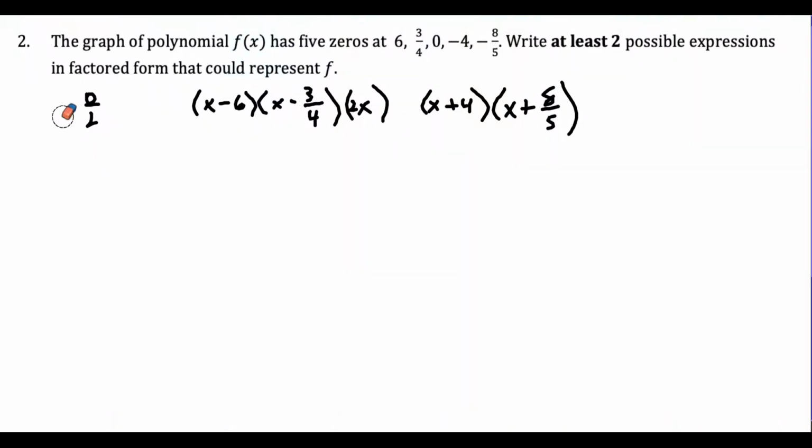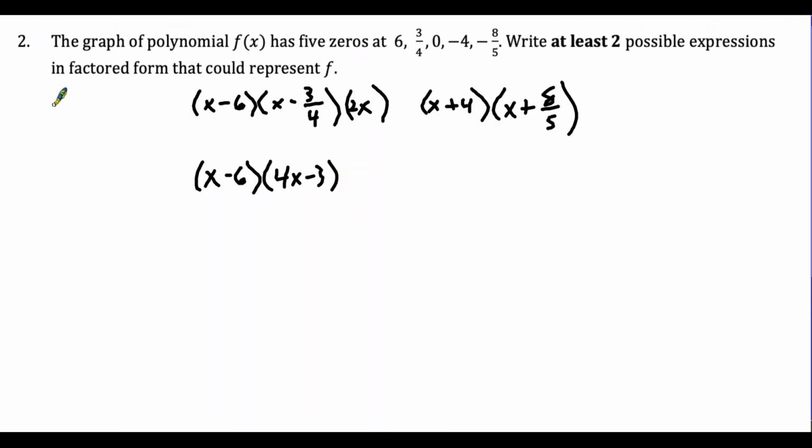All right. So another common thing that shows up to get an x-intercept of 3/4, I could also write that factor as 4x minus 3. Okay, as 4x minus 3.